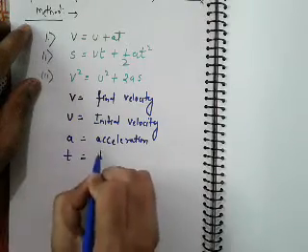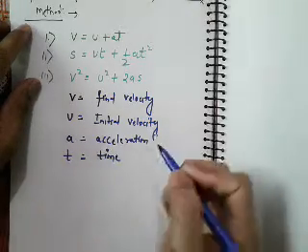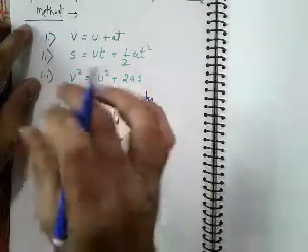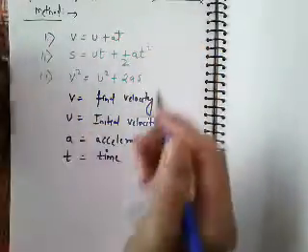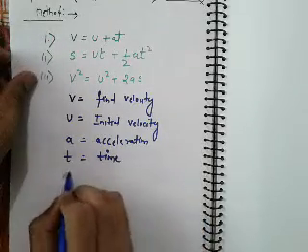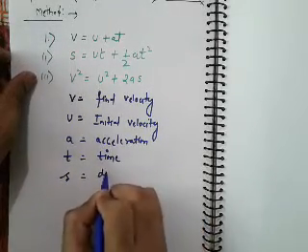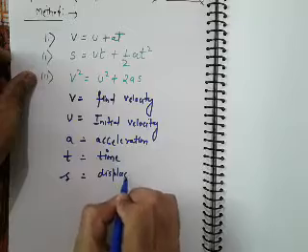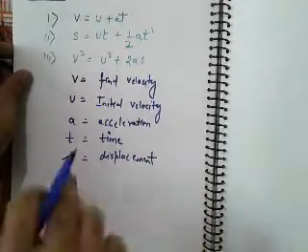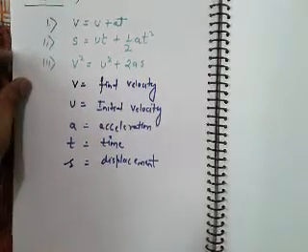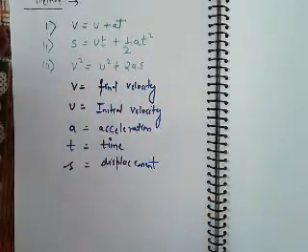Small t stands for the time taken by the body to change its velocity from initial to final, because there is an acceleration. And s stands for displacement, or you can also say distance. Displacement is the correct name. So all these three are the equations of motion.